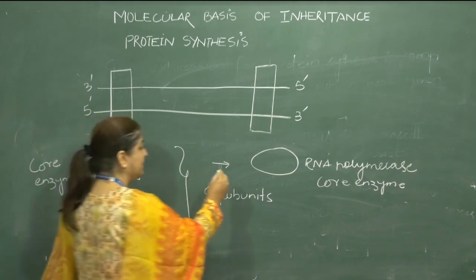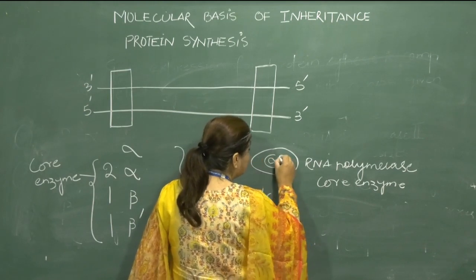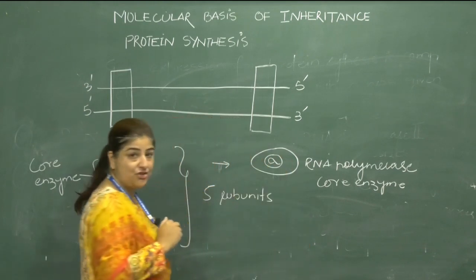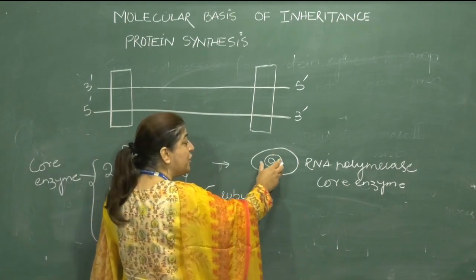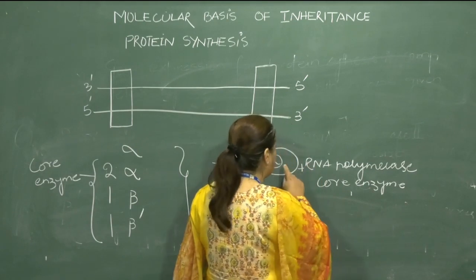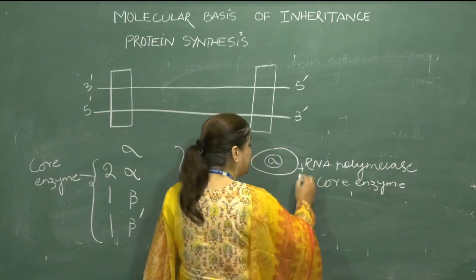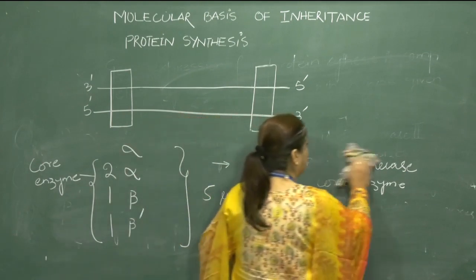So what happens? The sigma factor becomes attached to it. And when the sigma factor gets attached to the core enzyme, what is the result? I will simplify it.